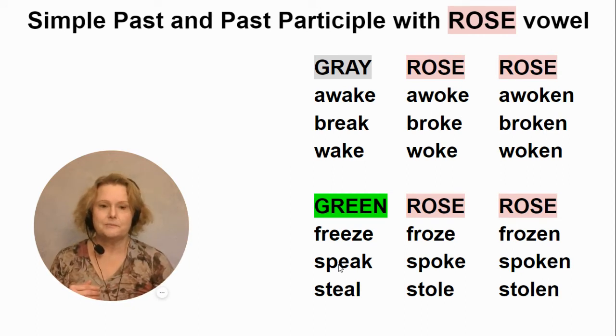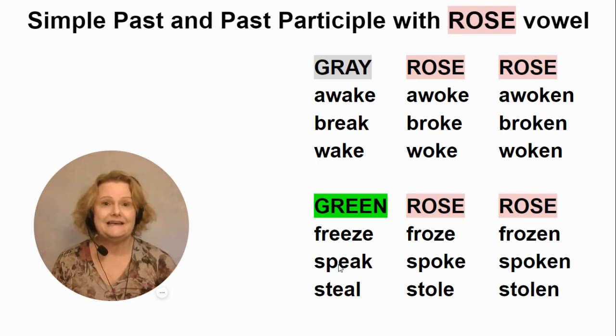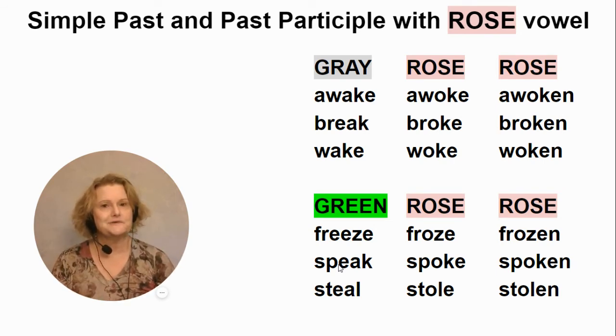The second group has the base form with the long E, which is really high up, and you can almost feel vibration because your tongue is so close to the roof of your mouth, far in the front.